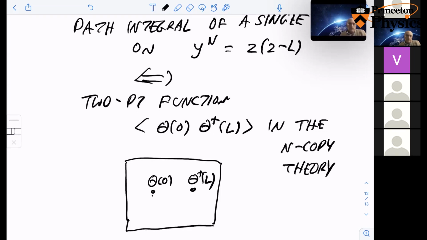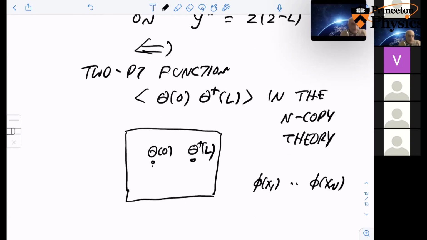So if we were doing a path integral, we would have n fields phi_1 up to phi_n, except that going around the twist field would permute phi_k to phi_{k+1} when we go around theta.